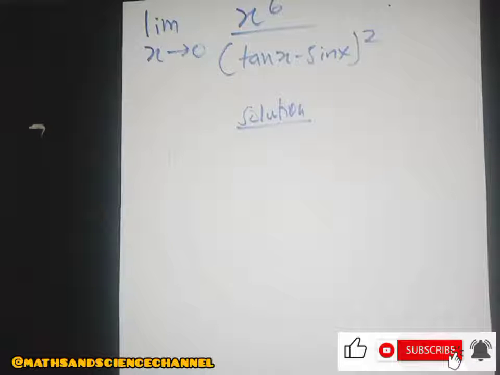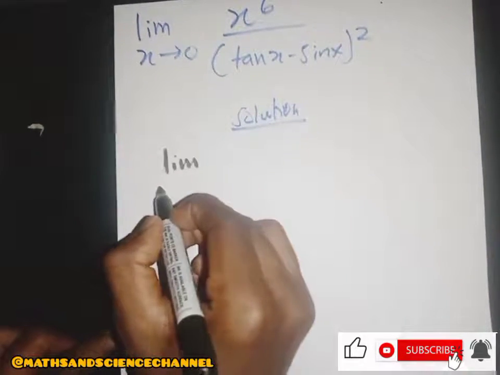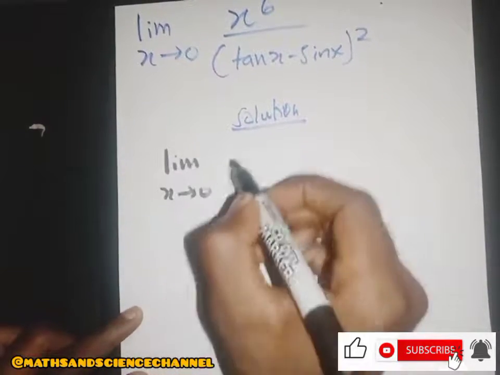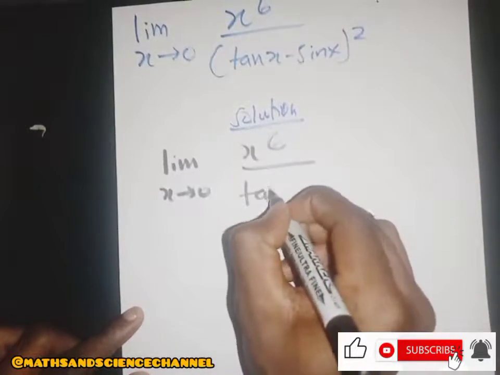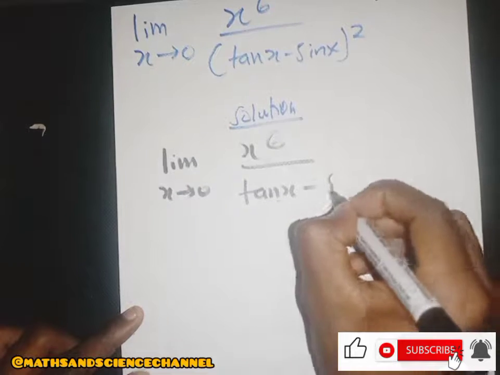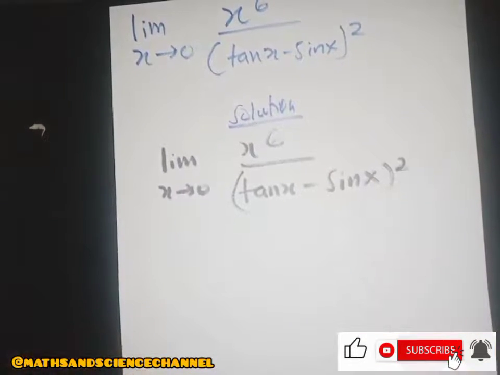So quickly let's look at this question. We have the limit as x is approaching 0, and then x to the power 6 being divided by tan x minus sin x, all to the power squared. Now what we can do is that since we have tan, we can write tan in terms of sine.